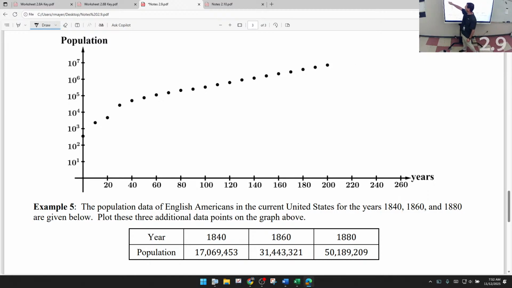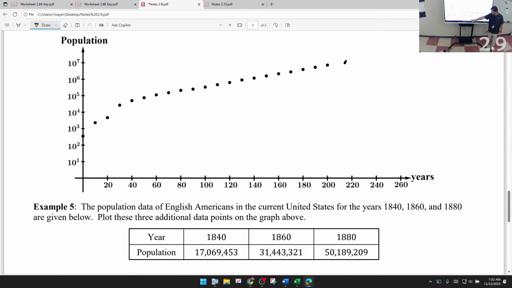It's going to be an estimation, but it should still go up somewhat linear. It should be close to around in there. It should not be above 7 yet. And if you've got a calculator, you can do 10 to the 6th and figure out what that is, but it's 6 zeros. And 7 is 7 zeros.